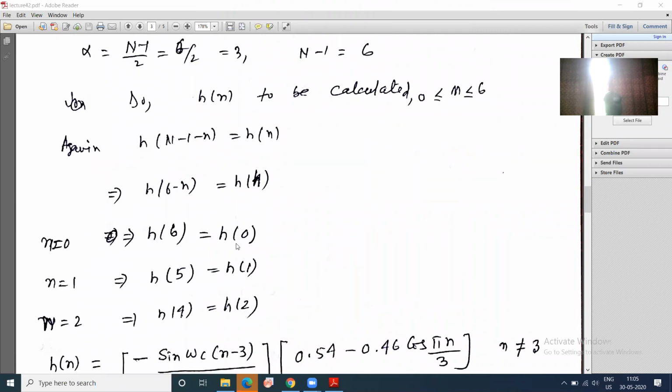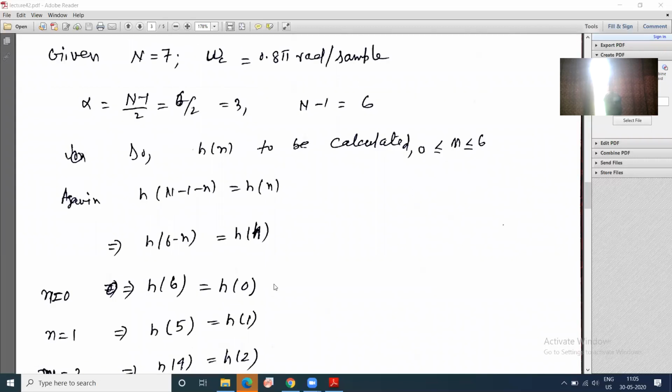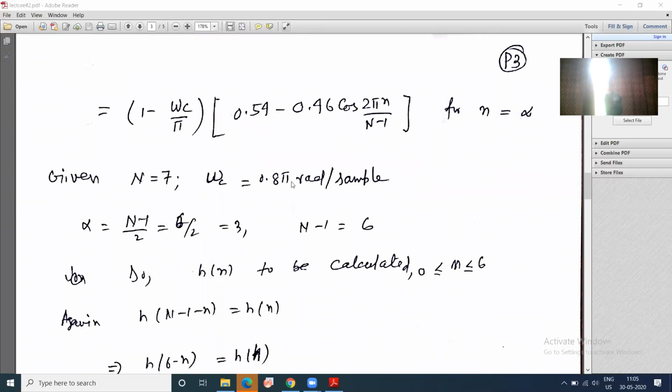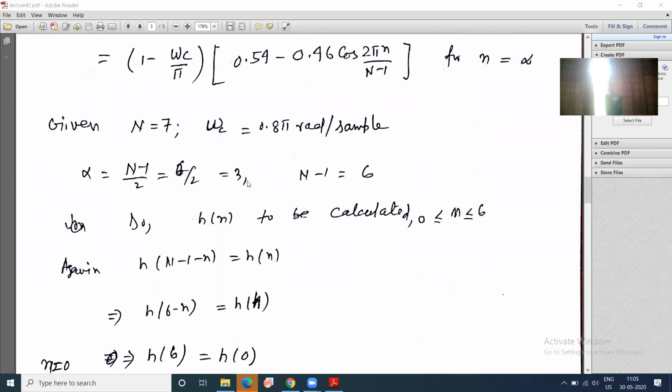So what I am saying is that if you obtain h0, h1, h2, and h3 using another equation, for n equal to alpha, this is the equation, and alpha equal to 3. Alpha equal to 3 means for h3, you have to use this equation.